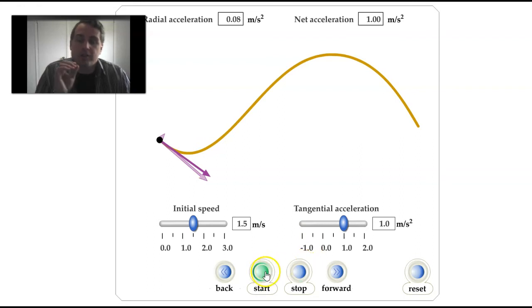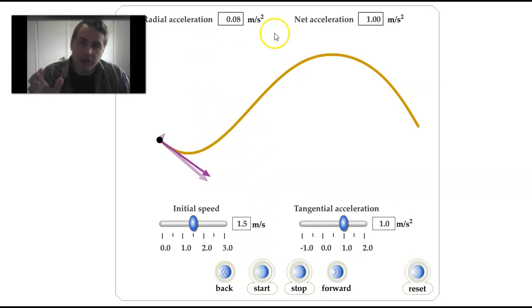Okay, and when we start this up, you'll see, first of all, the object is just going to move faster and faster as it goes through this path. Why? Because we're accelerating it the whole time in terms of its speed. Tangential acceleration is speed acceleration.